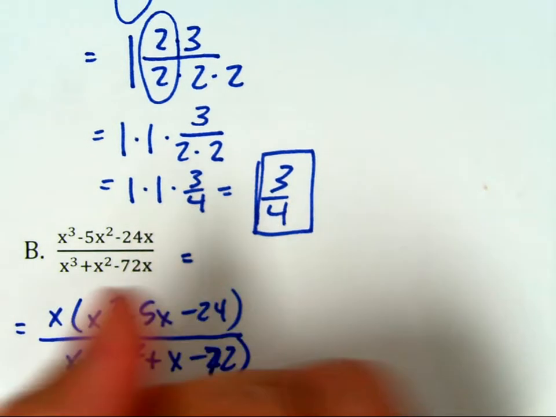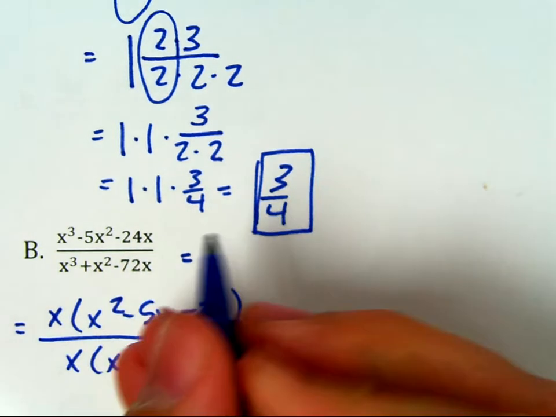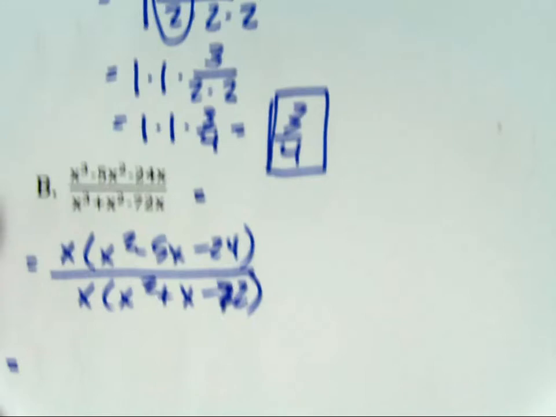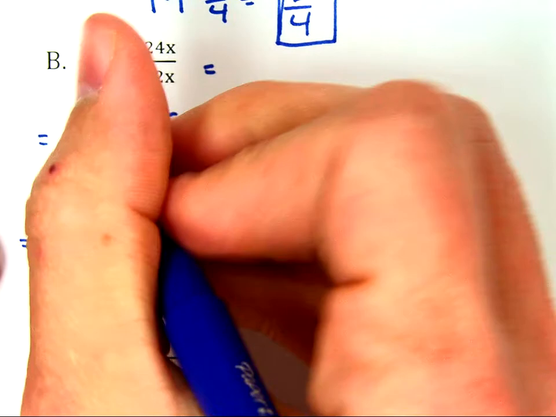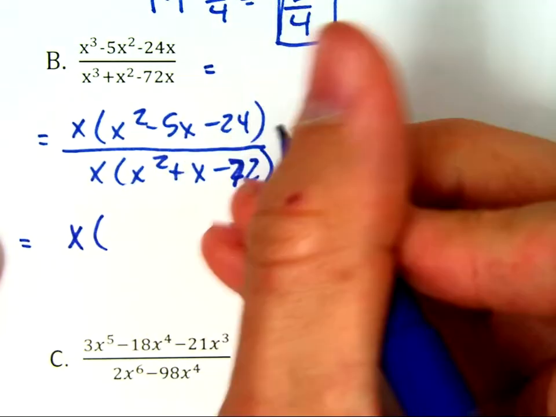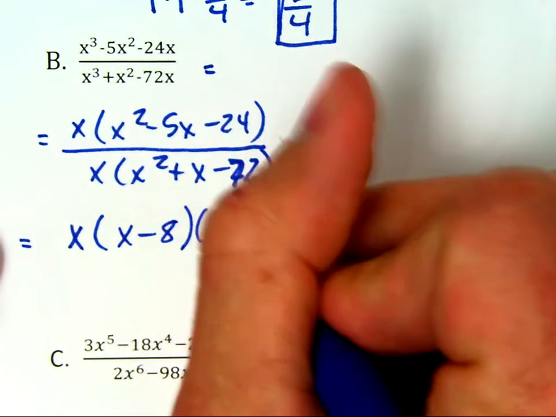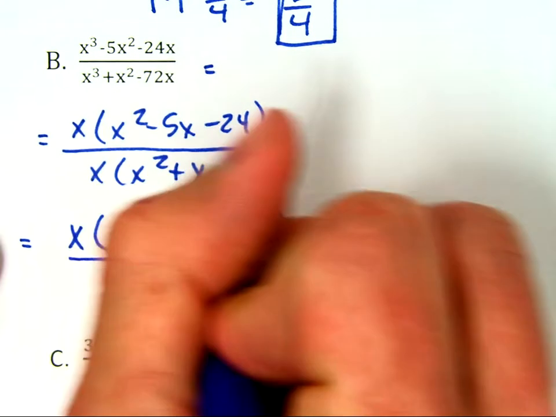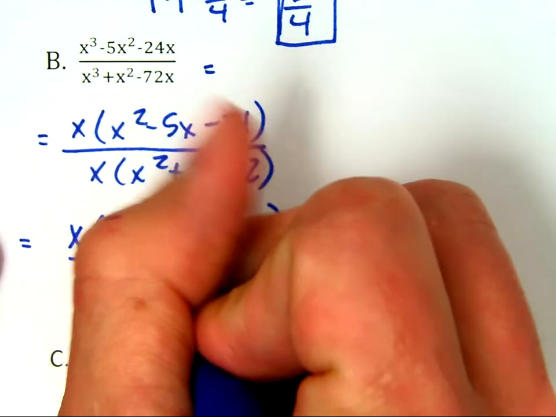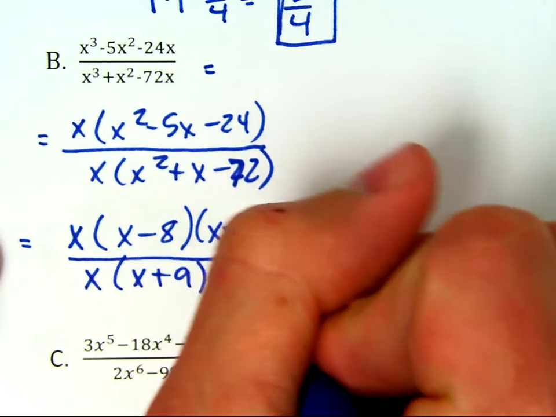Next, I'm going to factor the quadratic. So I'm going to carry down the GCF, and x squared minus 5x minus 24 factors to x minus 8 and x plus 3. The denominator is going to factor to x plus 9, x minus 8.